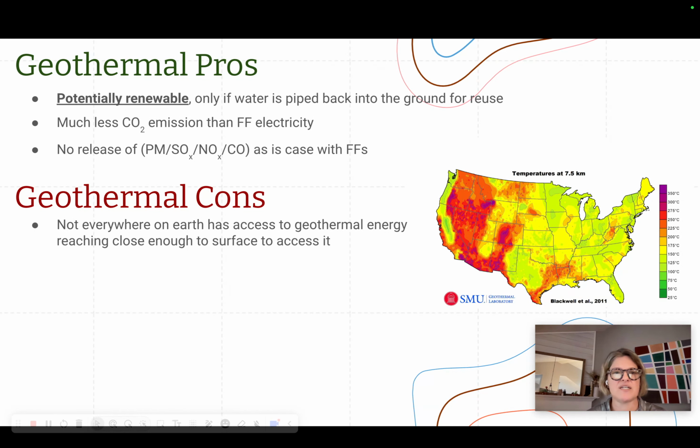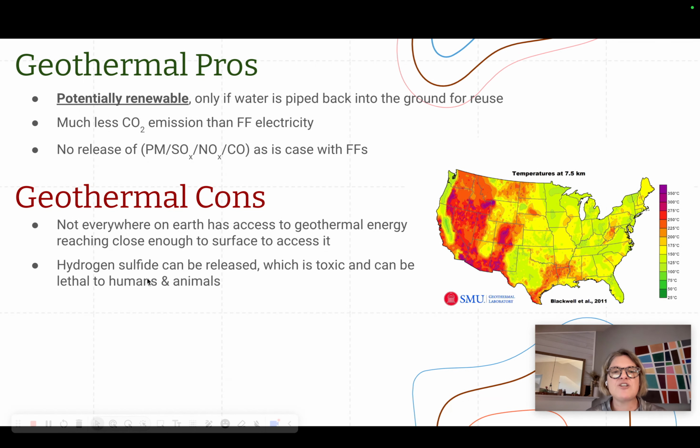And so you can see here in red, the temperatures at 7.5 kilometers in the ground, so 7,500 meters. The ground temperatures get pretty warm, enough to boil water. And you can see where these red areas are would be ideal for using geothermal.